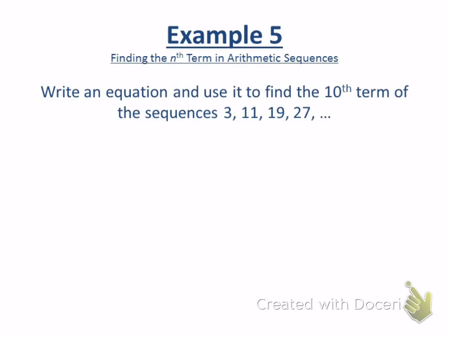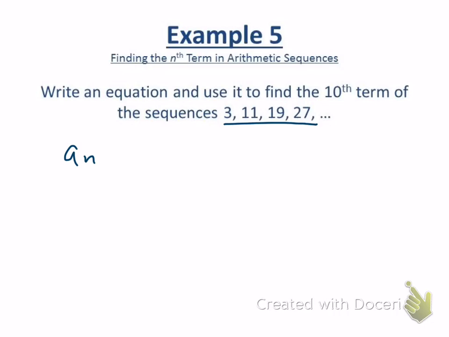All right, here's another one. Now this one says write an equation or write a rule and use it to find the 10th term of this sequence. We're going to go back to our formula, the formula which gives us a rule for an arithmetic sequence. This is arithmetic, because we need to establish that first of all.